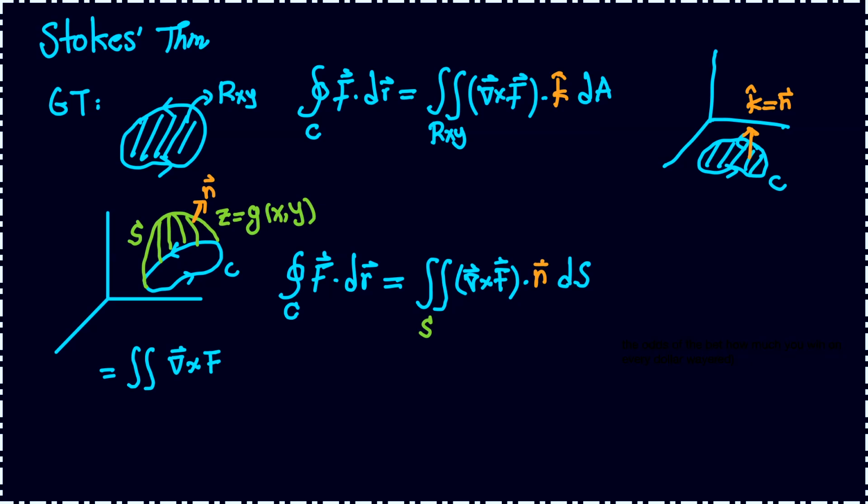Now the curl of f itself is a vector field. It's a vector function. But you're going to compose the surface with the curl of f. So this function of x, y, and z is going to get replaced with g of x, y.